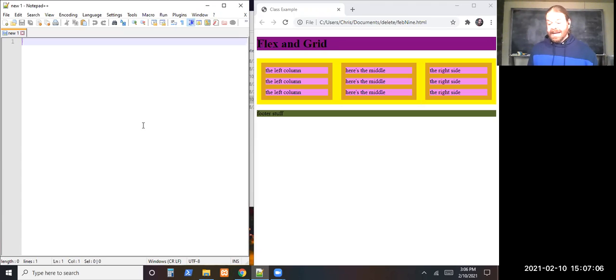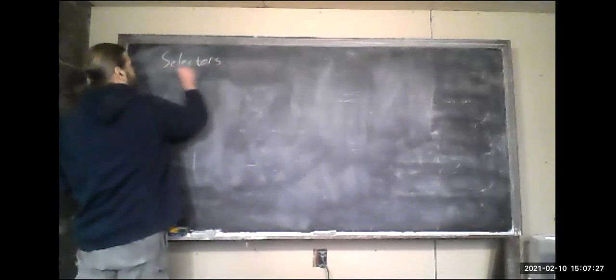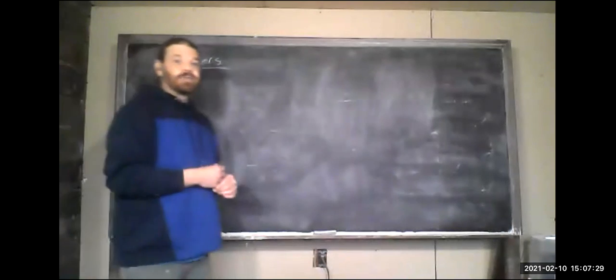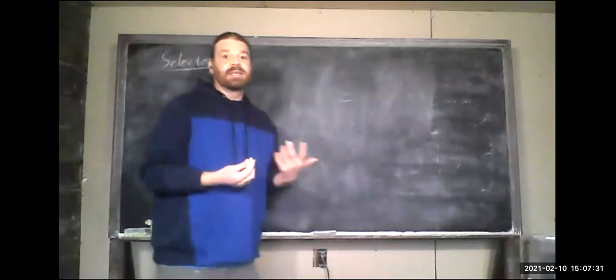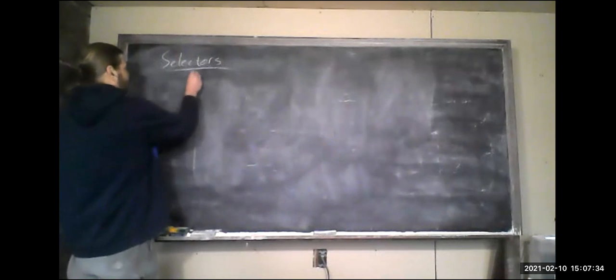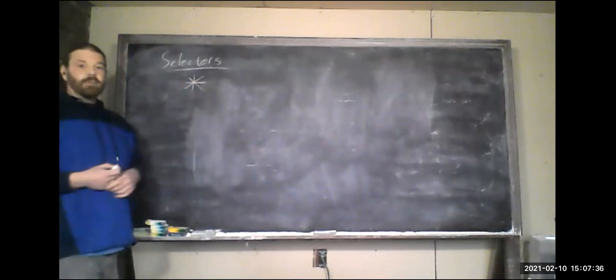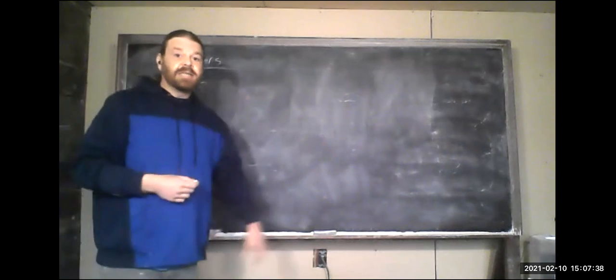The next thing I kind of want to talk about is some different ways we have to select stuff. So what we've seen so far, selectors, as in the CSS selectors. So how can we select things? So we've seen the wildcard selector, that one where we just select all the elements on the page at once.